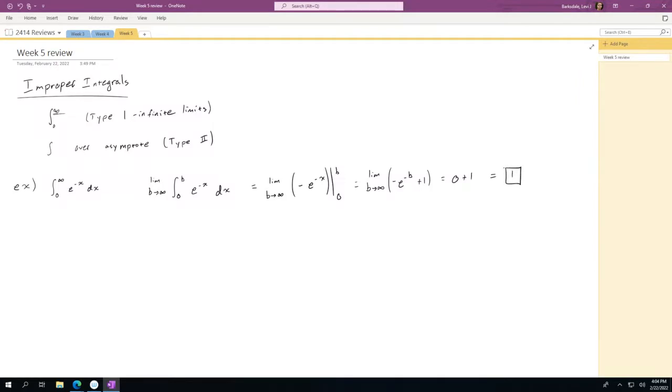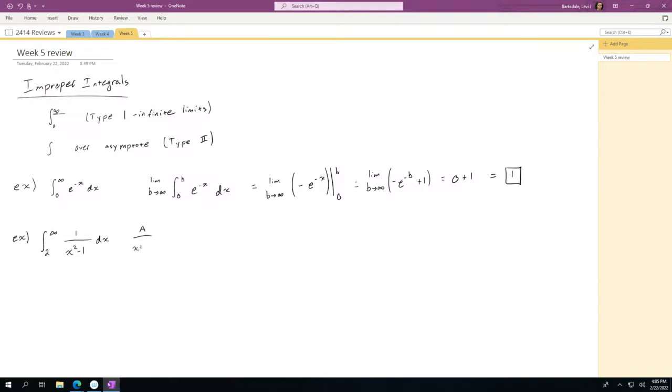Now, for a slightly more complicated example, let's say we were integrating from 2 to infinity of 1 over x squared minus 1. Well, first off, in order to actually perform our integral, we're going to need to do partial fraction decomposition.